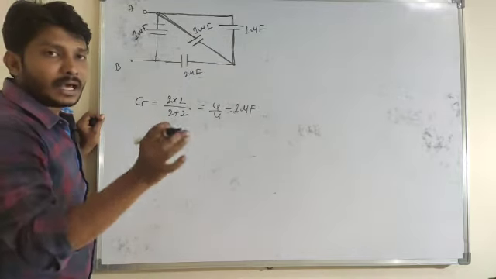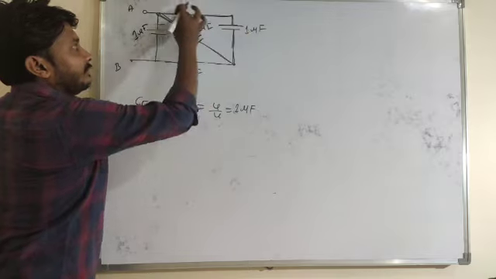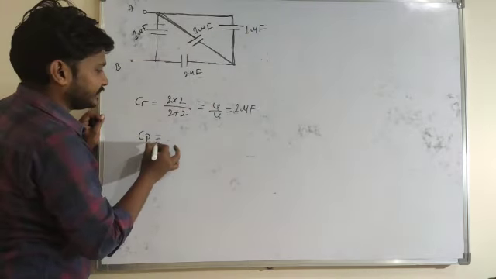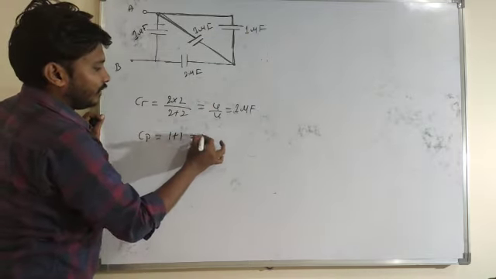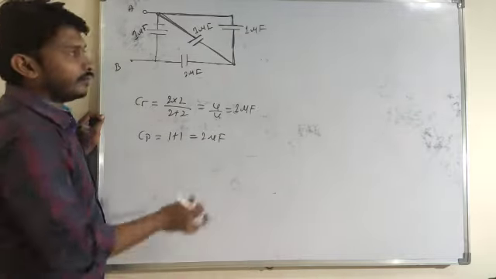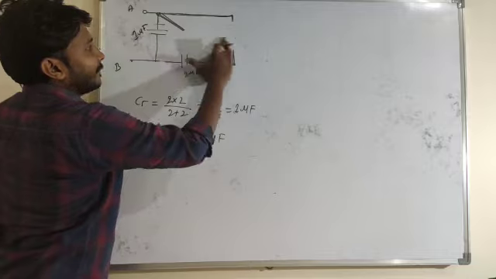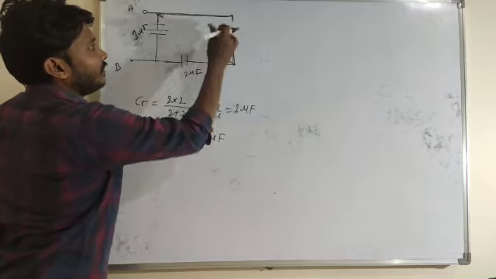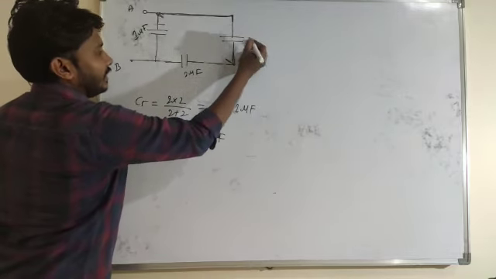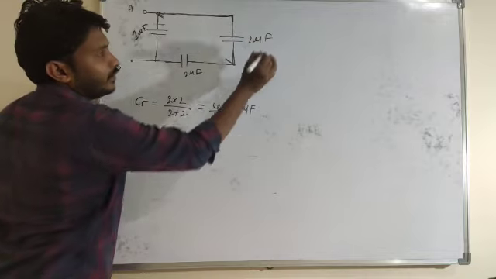That is nothing but a parallel combination. All the connections are made between two common points. So that is C of P, 1 microfarad plus 1 microfarad, so 2 microfarad. Instead of taking two capacitors, I will take a single capacitor, 2 microfarad.